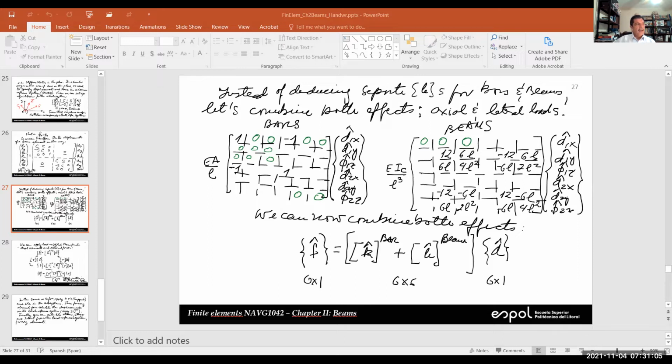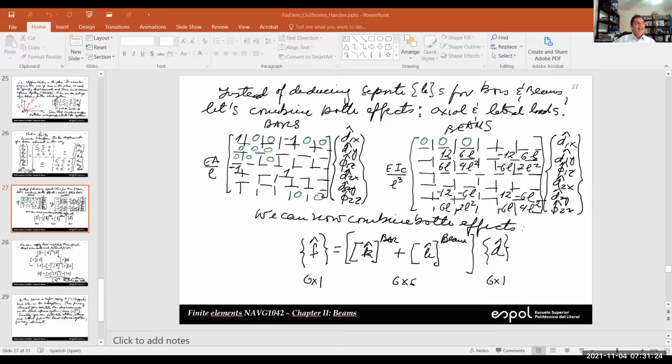Since we're working with linear problems, we can consider both effects. So in this case now, we have an element which can support in-plane force and lateral force.